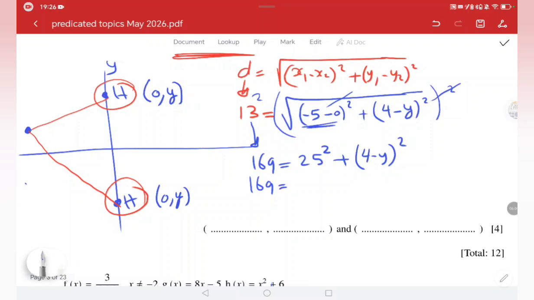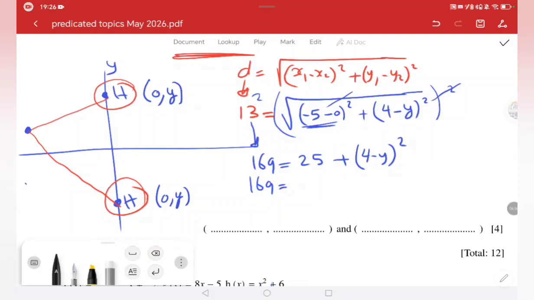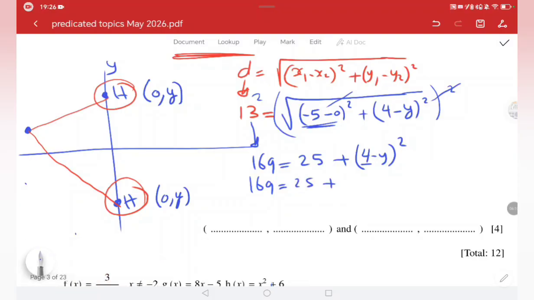Oh, why did I make square here? No, 5 squared is just 25. Okay. So this 25 plus, if we expand this one, will be the first term squared. The first term times the second term times 2, it will be minus 8y. Then the second term squared, this is y squared.